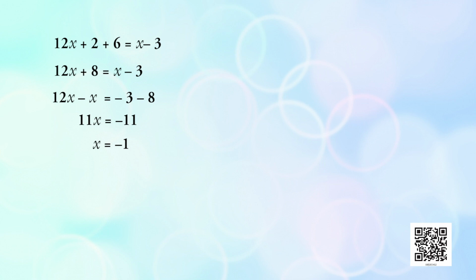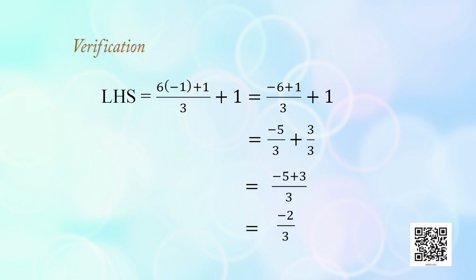Let us check our answer by putting x equal to minus 1, first on the left hand side. The left hand side becomes (6 times minus 1 plus 1) divided by 3 plus 1, that is (minus 6 plus 1) divided by 3 plus 1, that is minus 5 by 3 plus 3 by 3, that is nothing but minus 2 by 3.